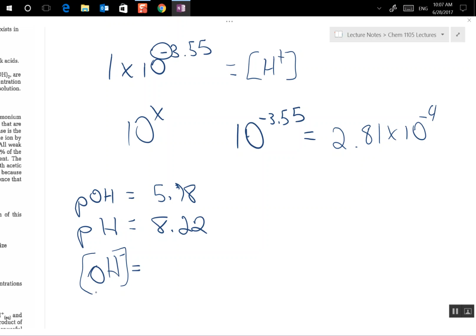It's going to be a scientific notation number. Or it is point something, but definitely not 0.76. 1.05? Good. 1.05 times 10 to the negative 6. How'd you get that? 10 to the negative 5.78. The anti-log of 5.78, right? What is the H plus ion concentration here?